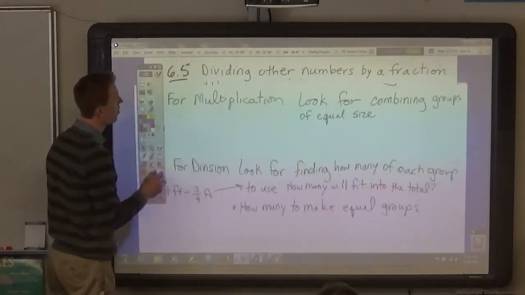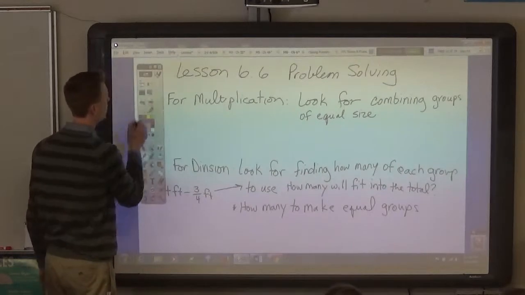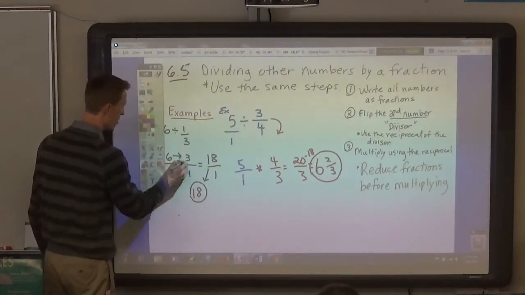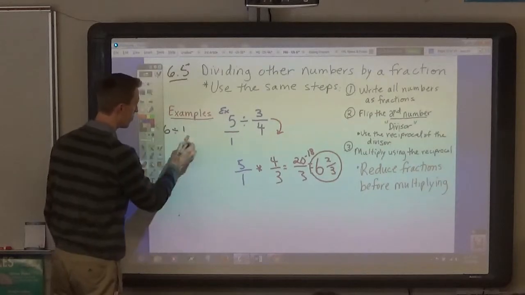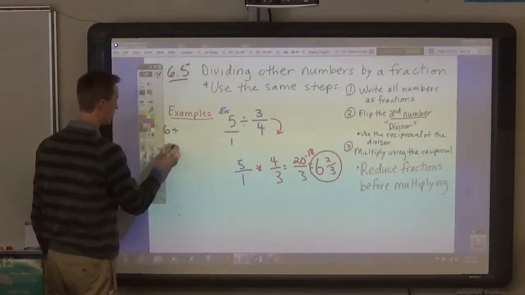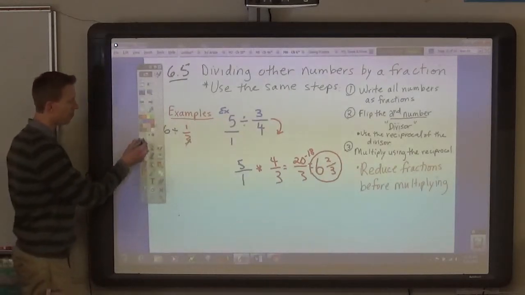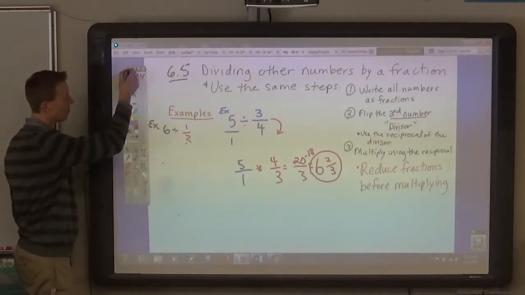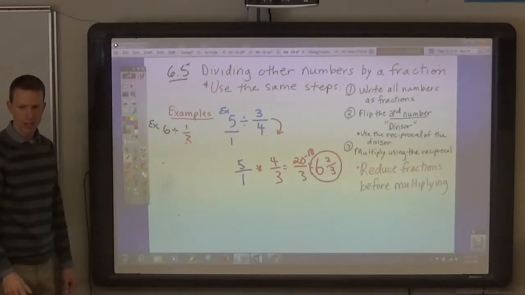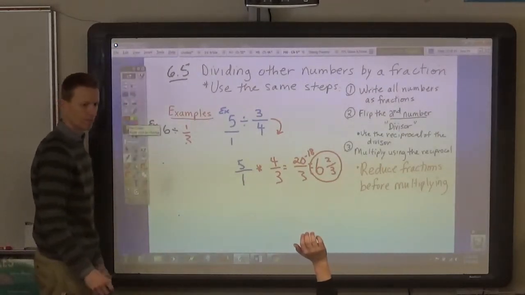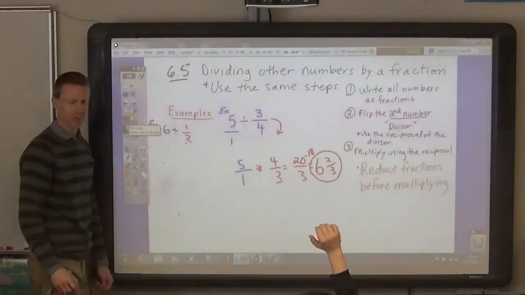Let's look at some more examples. Yep, write them down. 6 divided by 1/3. How do we do this one? Jen?